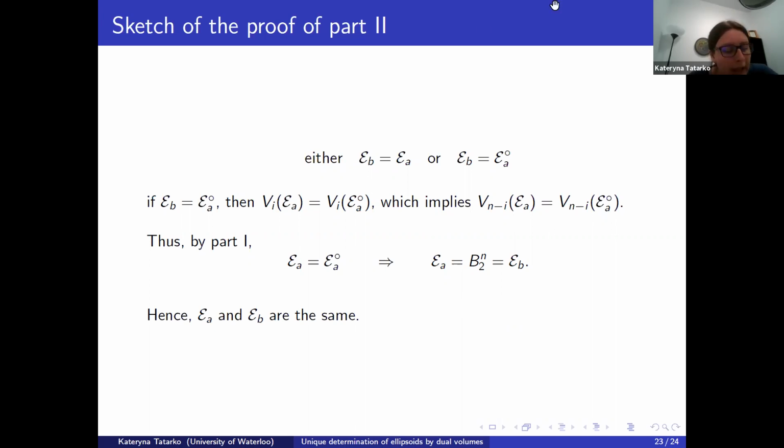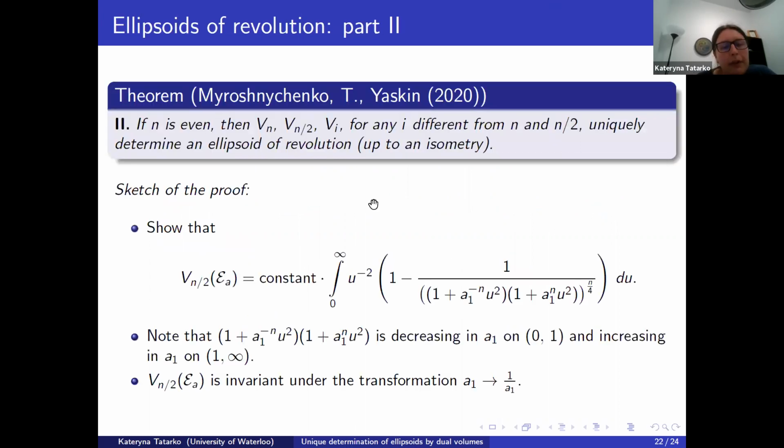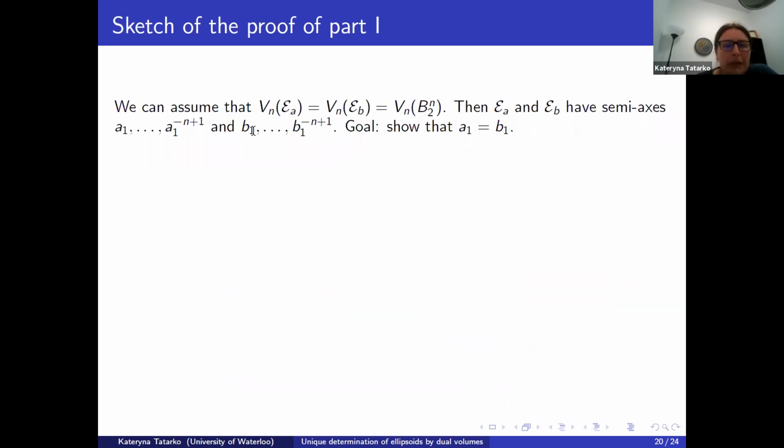So even though we were able to obtain these partial results about ellipsoids of revolution, many other cases are still open, because we asked for this triple and we actually relied on having, among this triple of intrinsic volumes, the volume of the ellipsoid, similarly to the previous case.